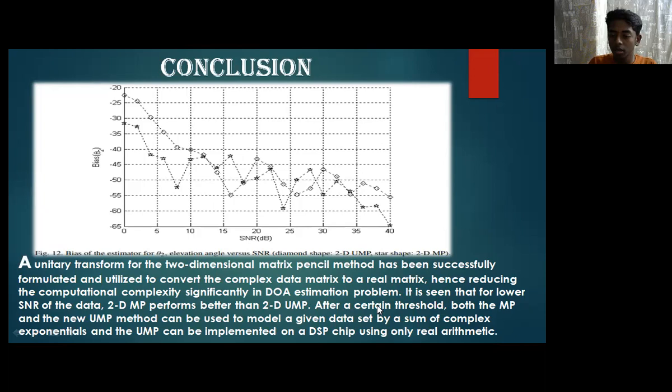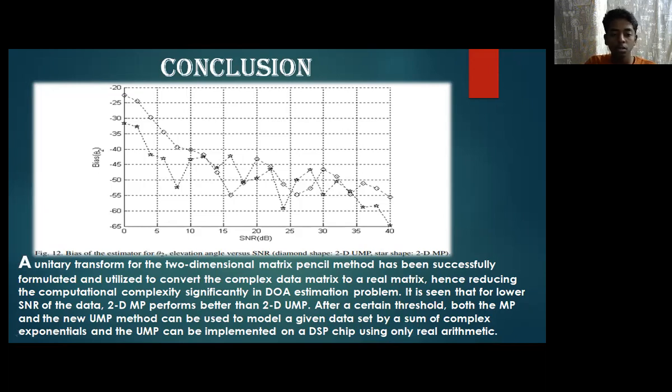After a certain threshold, both the matrix pencil and the new unitary matrix pencil method can be used to model a given data set by a sum of complex exponentials, and the unitary matrix pencil can be implemented on a DSP chip using only real arithmetic. Here, DSP chip is the type of technology used in signal processing. So the DSP chip is used for that using only real arithmetic.